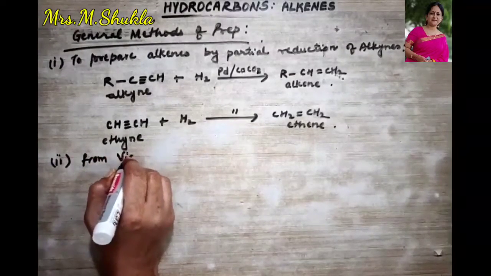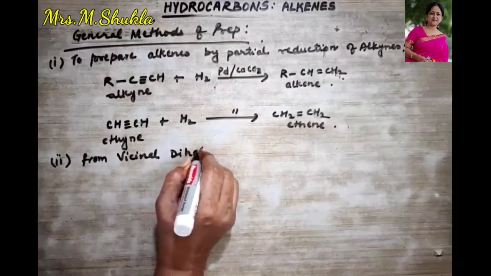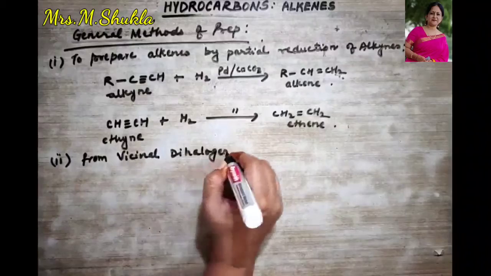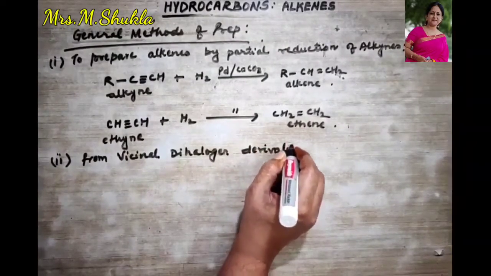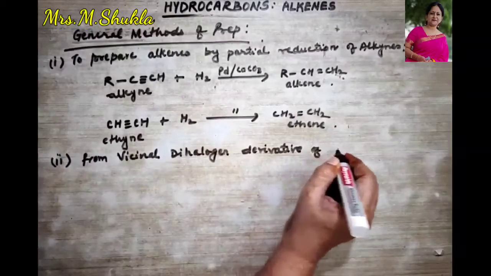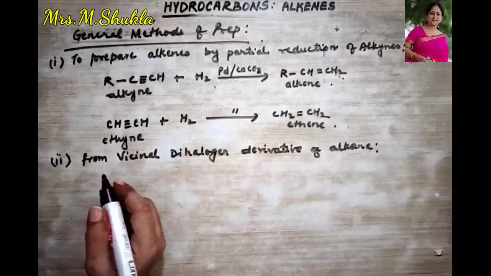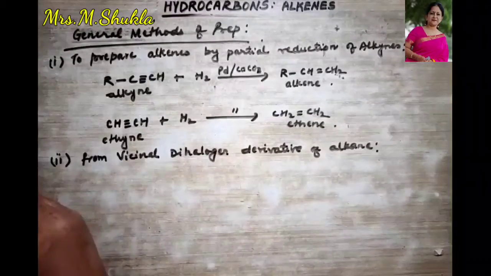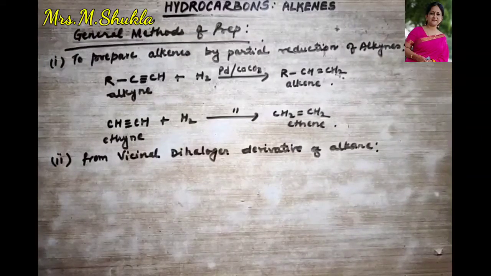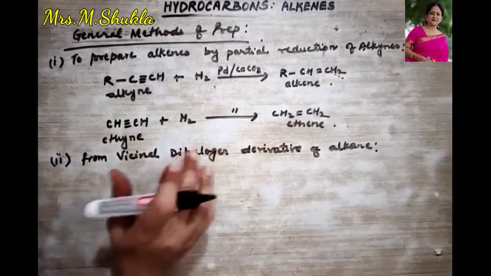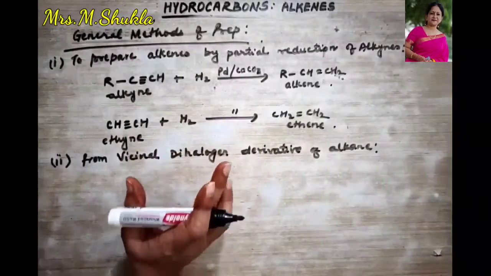So over here, when the dihalogen derivative of alkene is warmed with granulated zinc in the presence of methanol, then your alkene is obtained.